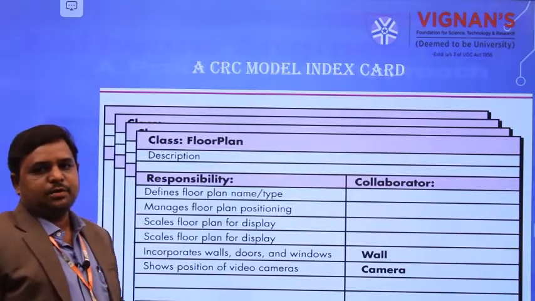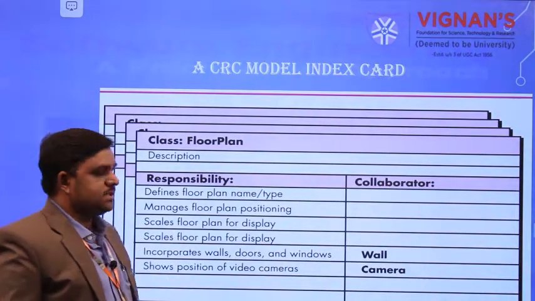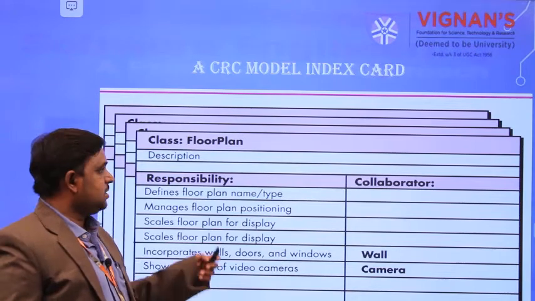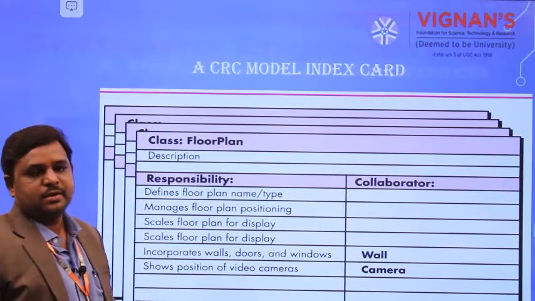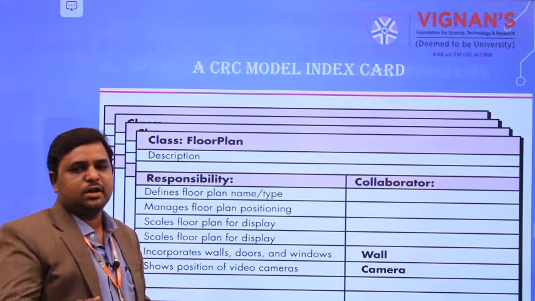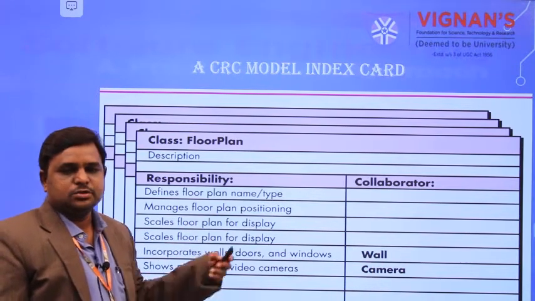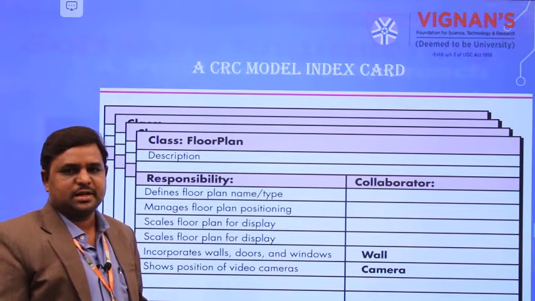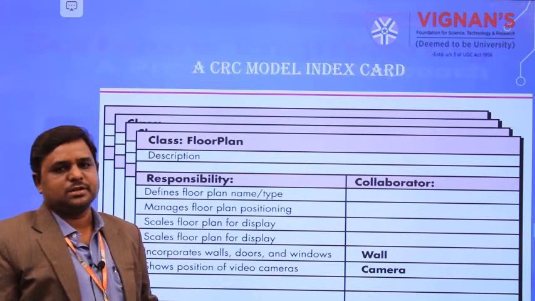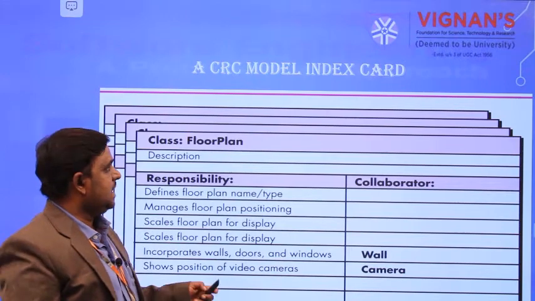So let's see an example of a CRC model. Suppose this is a class, FloorPlan. As I already told you, on the top of the card the name of the class is written, on the left side responsibilities are written, and on the right side collaborators are written.